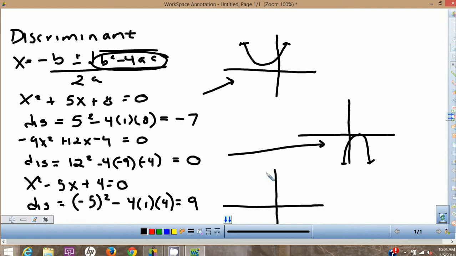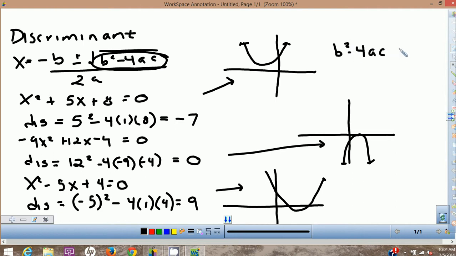Now I'm betting that some of you, as soon as you see those 3 graphs, can figure out the meaning of the discriminant. In this case, our discriminant was a negative number. B squared minus 4ac was less than 0. Or we can say that another way and say that b squared was less than 4ac.